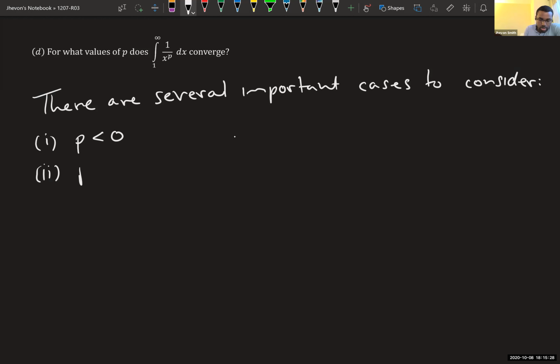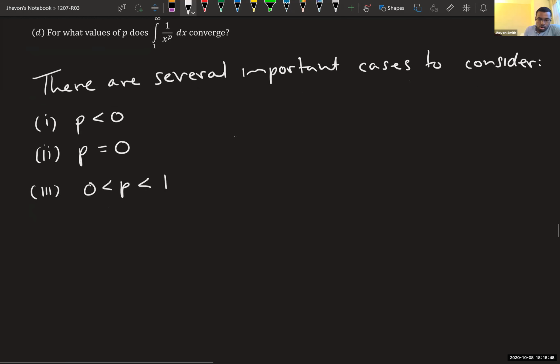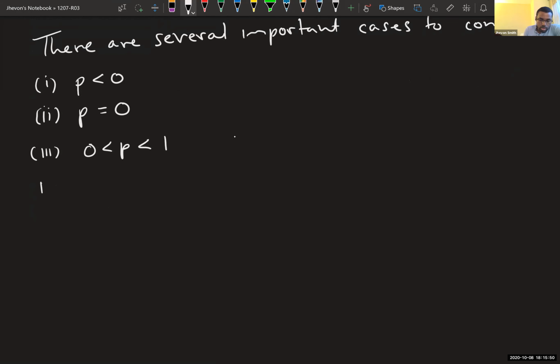Case 2. If your p is 0. Case 3. If your p is positive, but less than 1. Case 4. Your p equals 1.